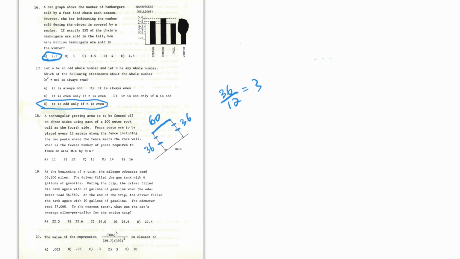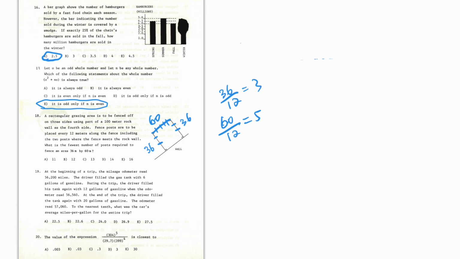For the length 60, 60 divided by 12 equals 5. So along the 60 we need 5 fence sections, which need 4 more posts. 1, 2, 3, 4. That gives us 5 pieces of fence, each 12 meters.